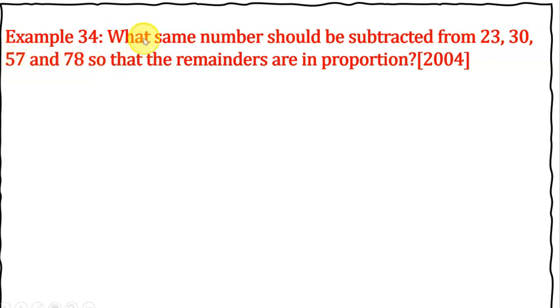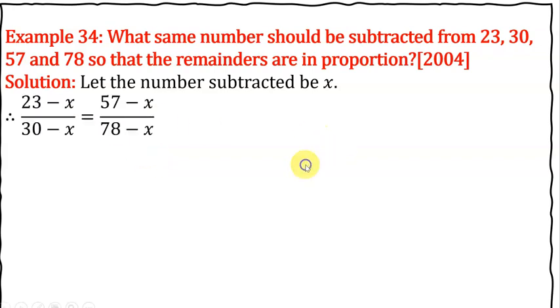Example number 34. What same number should be subtracted from 23, 30, 57 and 78 so that the remainders are in proportion? This example was asked in the 2004 examination. Let that number be x.